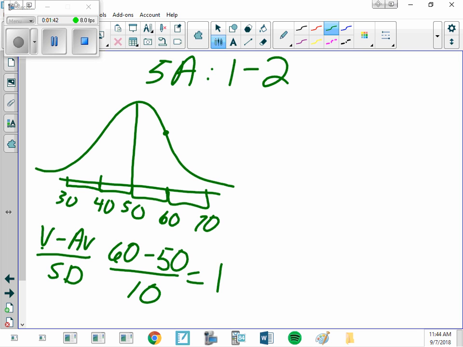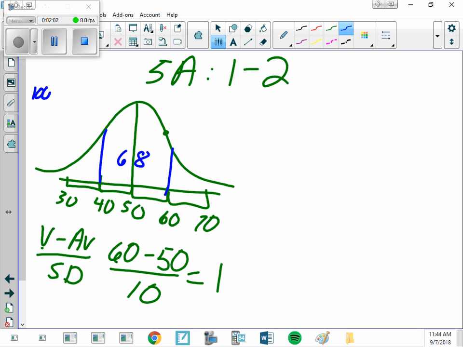Okay, now, just as a side note, how many people are 60 inches or shorter? Ooh, it's not 68. So I know that this area right here is 68.